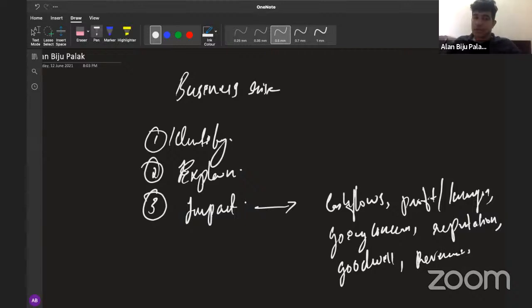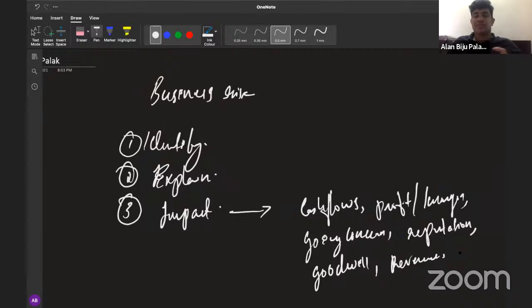So this is how you will be showing the impact. Because when it comes to audit risk, you might be mentioning the impact over the company's assets and liabilities, as well as over income and expense, and ultimately the profit. But here we will not be mentioning anything with regard to the financial statements.